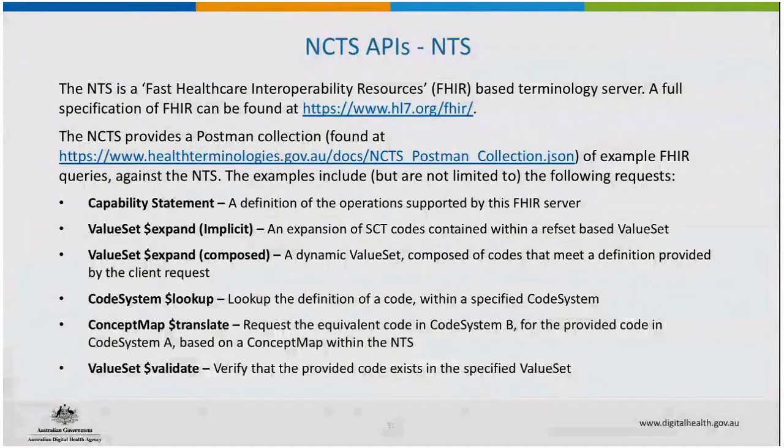A value set may also contain codes from one or more code systems, although this is not currently the case in the NTS, considering we've only got one. For now, NTS value sets are implicitly a FHIR representation of the SNOMED CT reference sets.